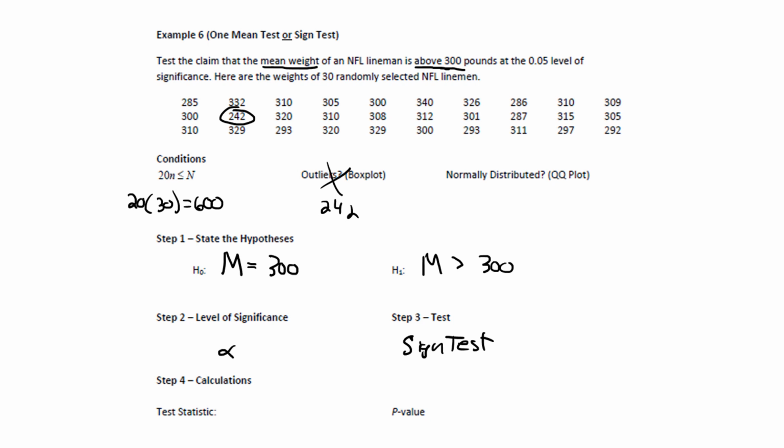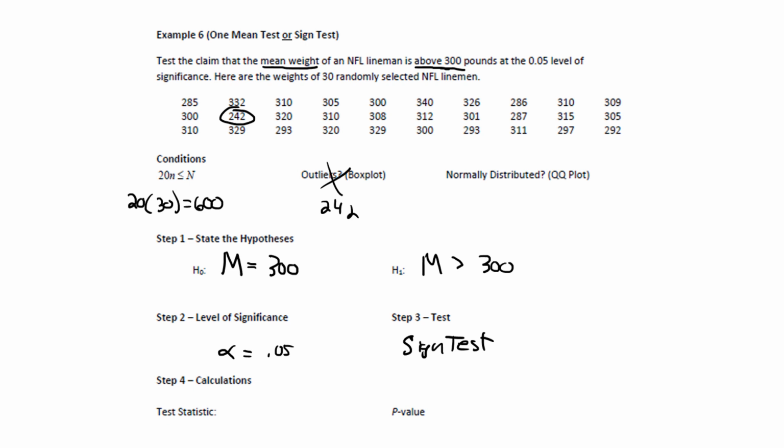The level of significance is given in the problem as alpha equals 0.05. And as I mentioned, this is the sign test. So we're going to go to StatCrunch. The things that we need to know are the null hypothesis, M equals 300, and the sign for the alternative hypothesis, greater than.